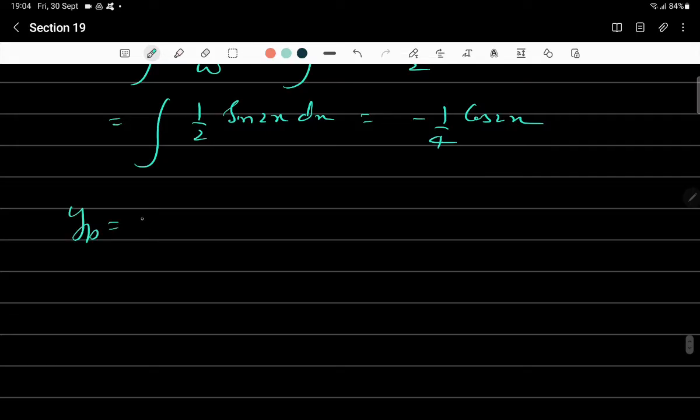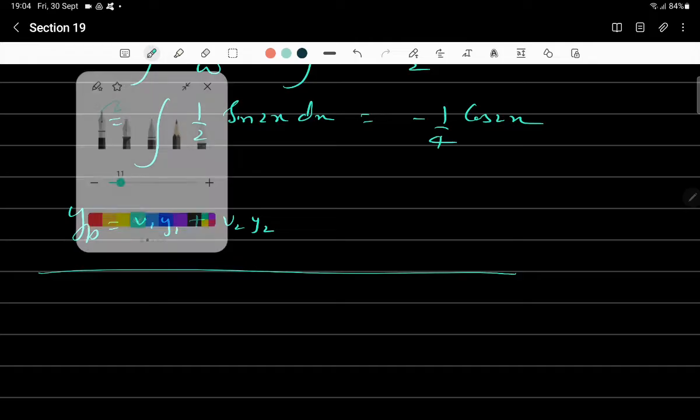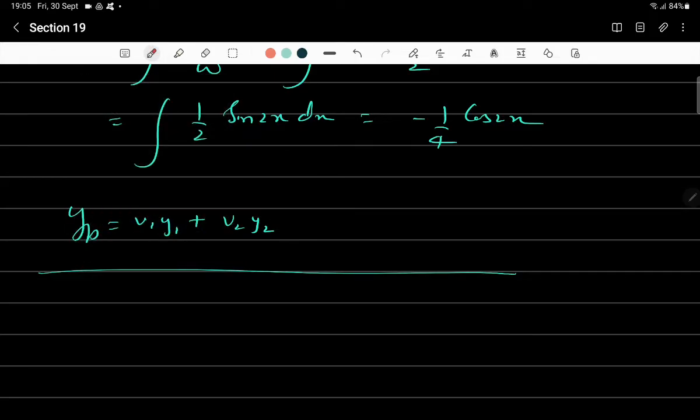It means my yp is v1 y1 + v2 y2, where v1 and v2 have already been computed. Yes. So now you must be able to understand the method. So let's try one more question.